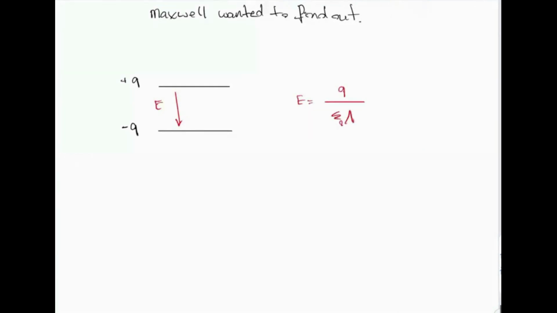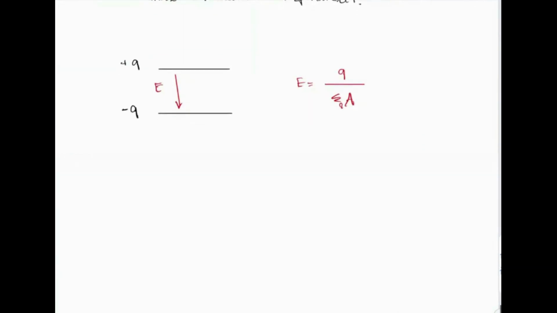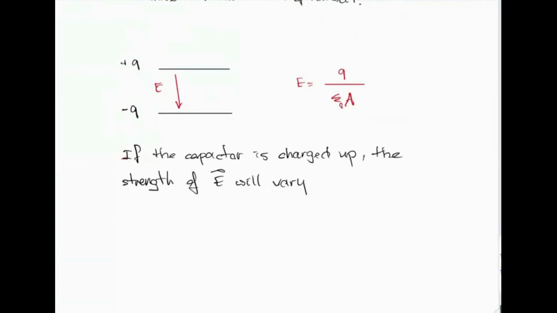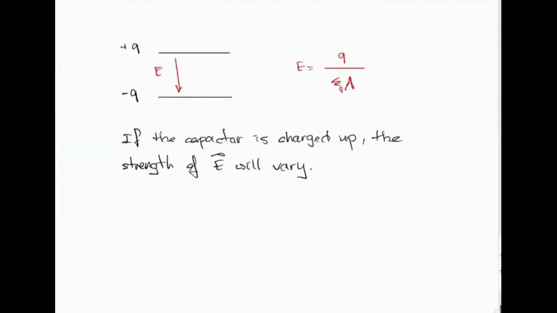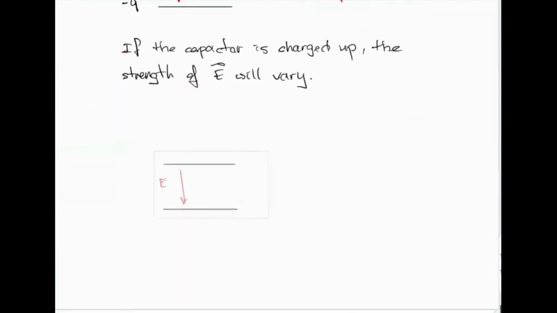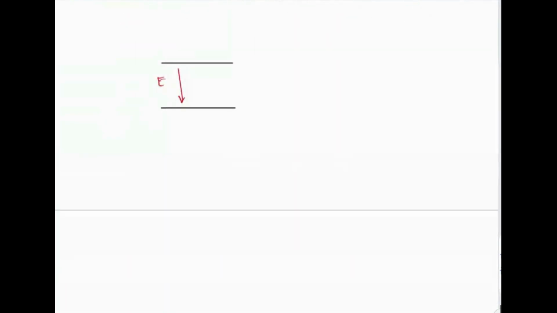He looked at a capacitor within which the electric field strength is constant. And then he decided to charge it up by hooking it up to a battery. So it's going to create a current.